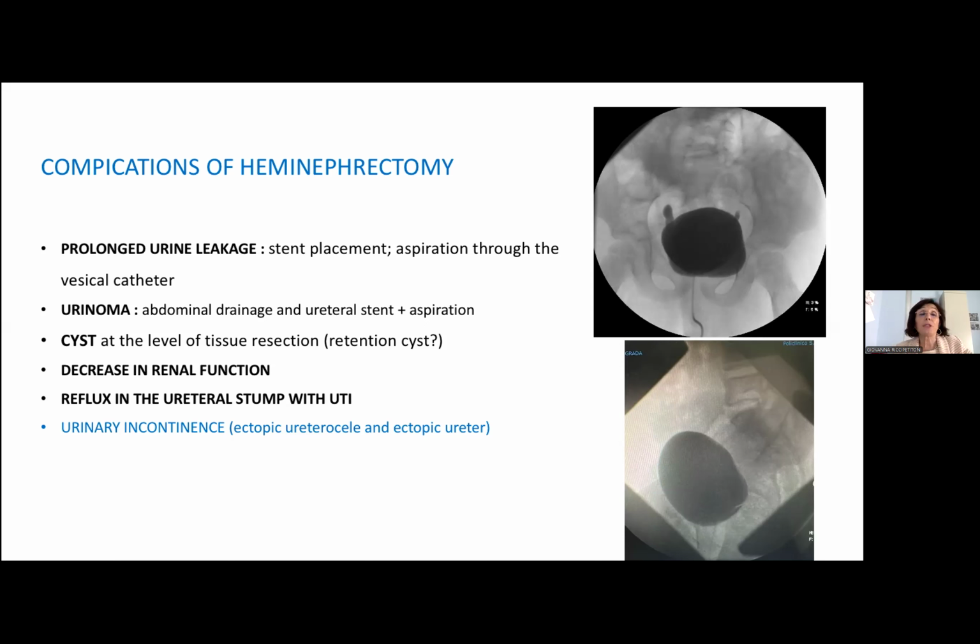Another very important complication, in my opinion more severe because it's not treatable, is the decrease in renal function.